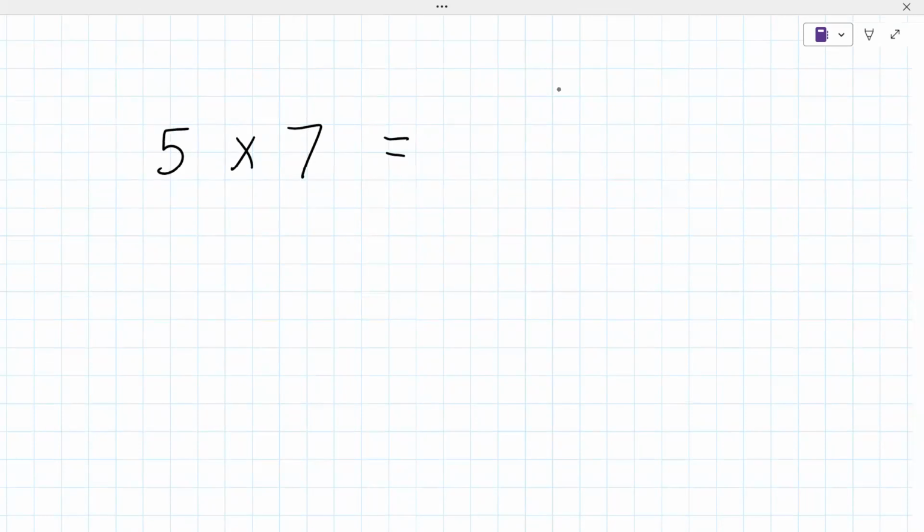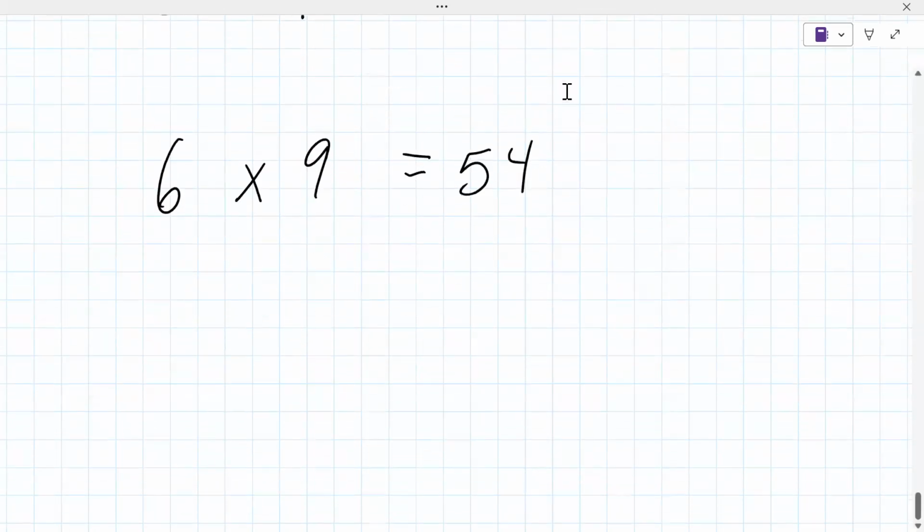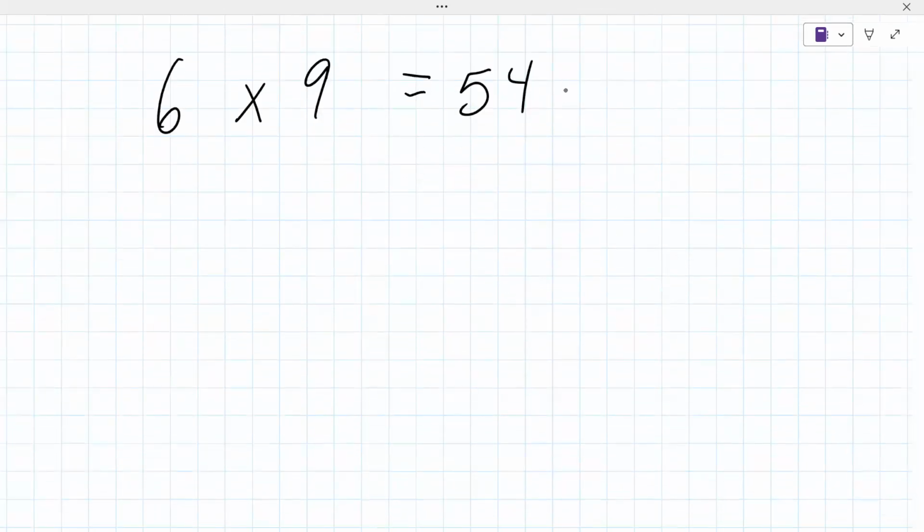And you can look at the table if you want. 35. Okay, 54. 44. Very good.